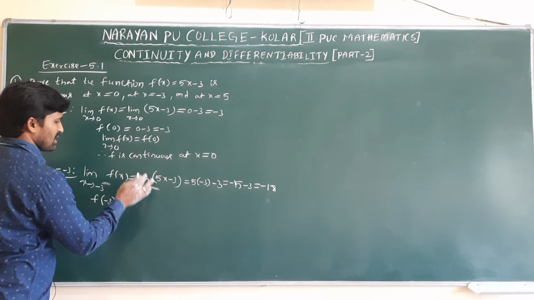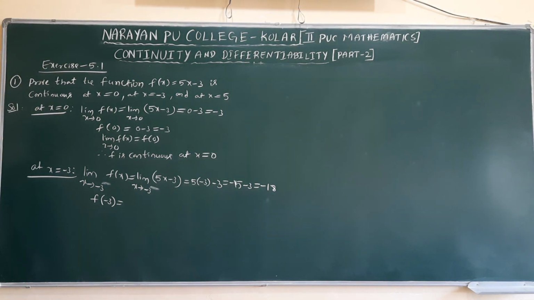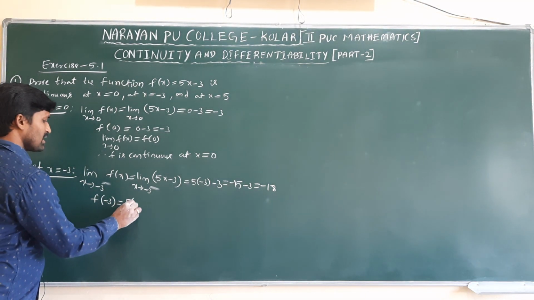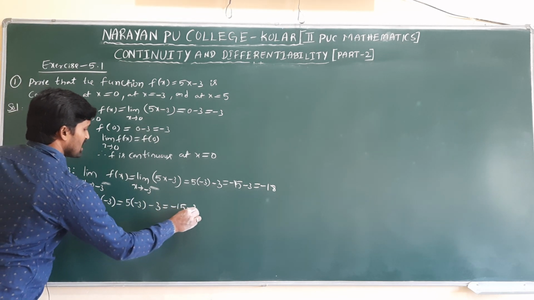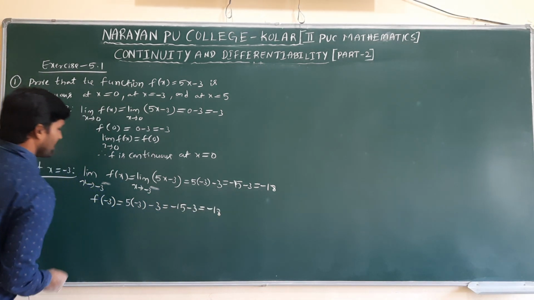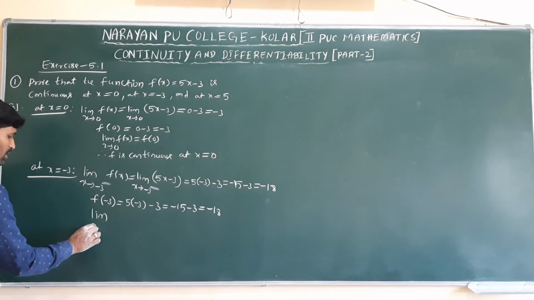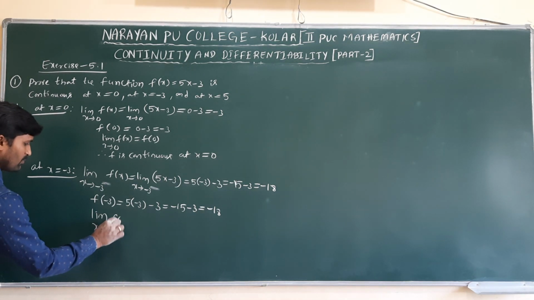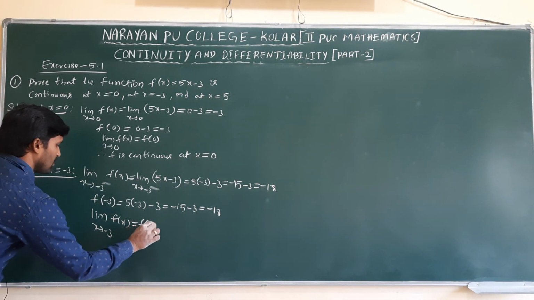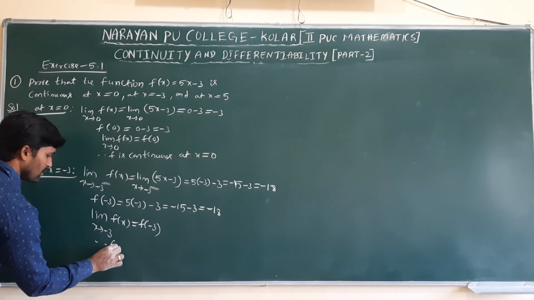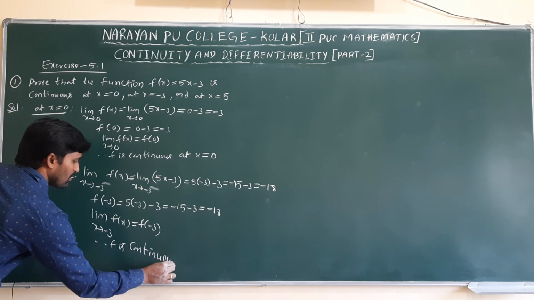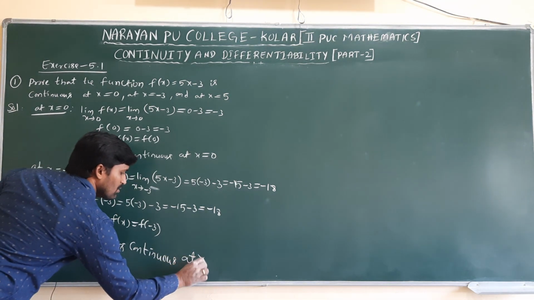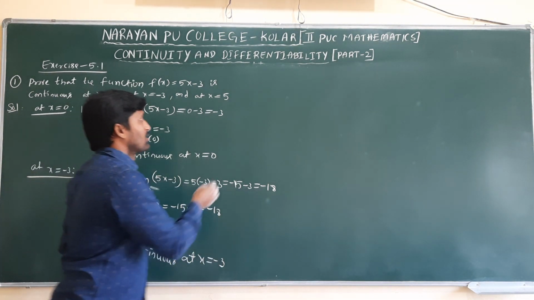We are not using LHL or RHL, only minus 3 is enough. 5 into minus 3, minus 3, that is minus 15 minus 3, that is minus 18. Again, limit value and function value both are same. Therefore, f is continuous at x equal to minus 3.